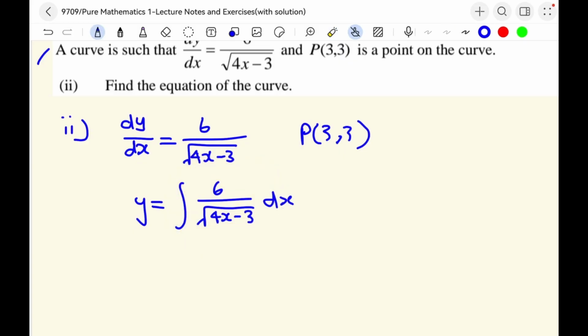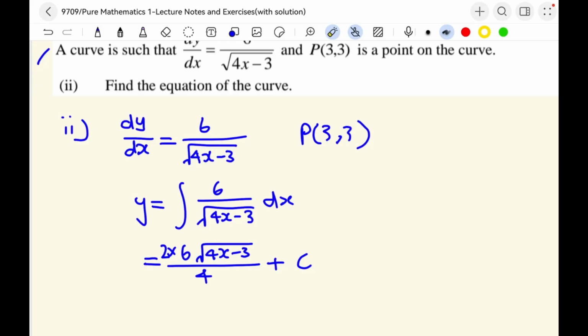So your integral should write it like this. Now integrate it. What do we get? You will get 6 times the square root of 4x minus 3, divided by 1 over 2 times 2 and divided by 4 plus c.